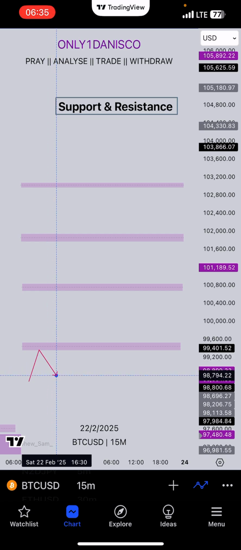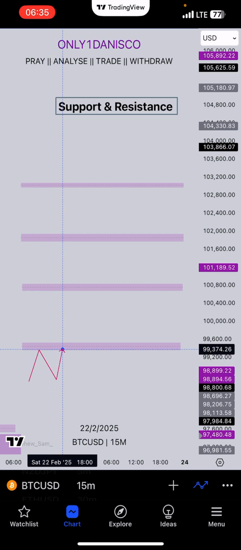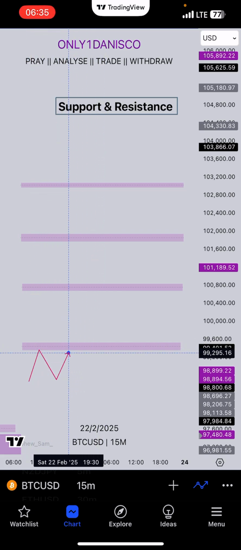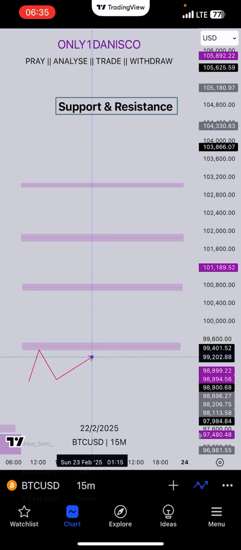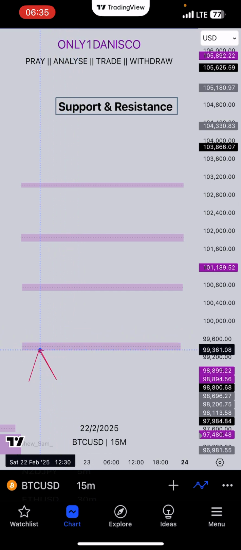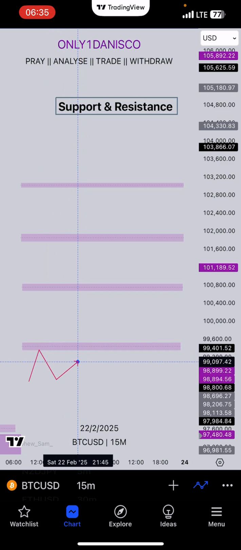Let's assume the price reversed from there and tested it again. One funny thing here is that the price can keep testing these zones without breaking them, all depending on the trend we have and how strong the zone is. You should know that we have minor zones and major zones.